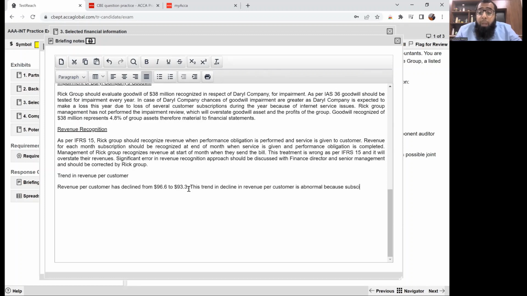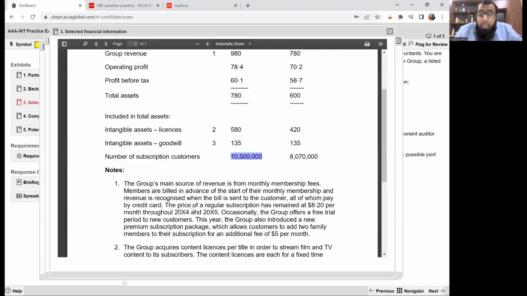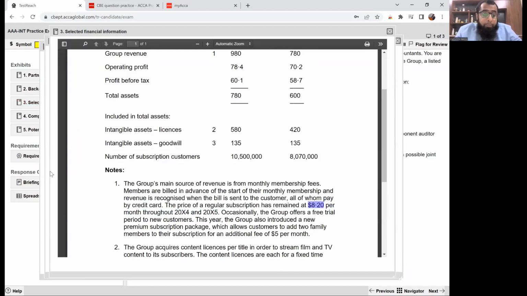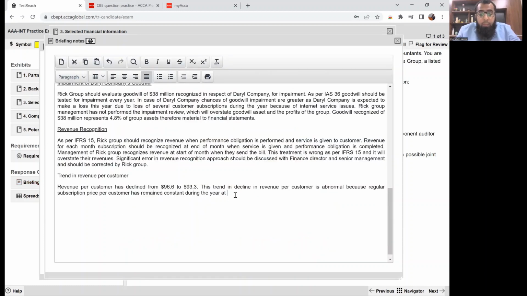Because the regular subscription price per customer has remained constant during the year at $8.2 per month throughout 20x4 and 20x5.